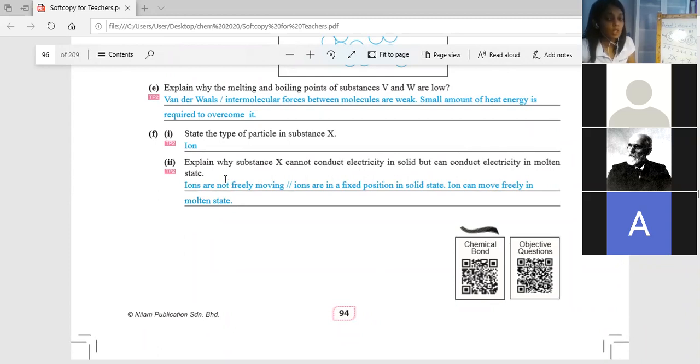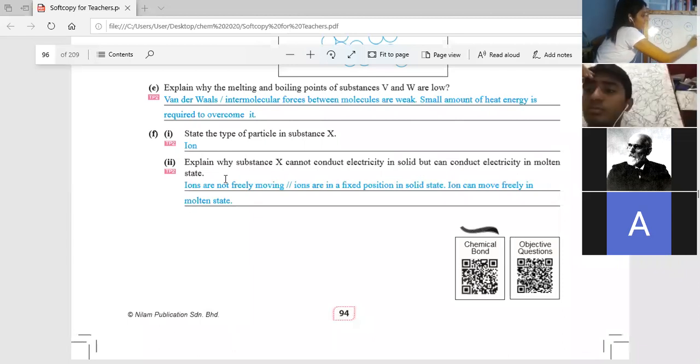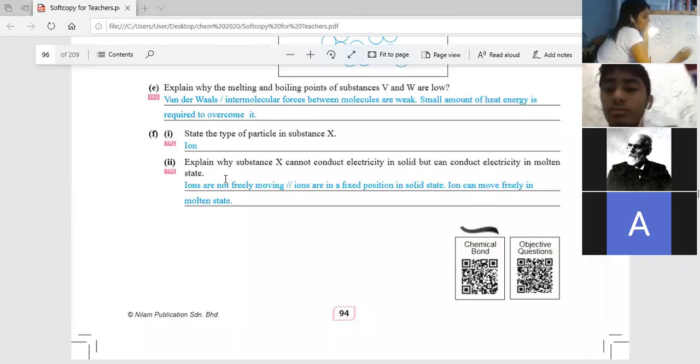In solid, okay, look at the teacher's board here. I've only got 3 more minutes, but I'll just show it to you. In solid, even though I have the charges, for example K plus, Cl minus, K plus, Cl minus, I have all the charges, but they are not free to move. This is solid, okay? But in molten, my K plus and my Cl minus are free to move.